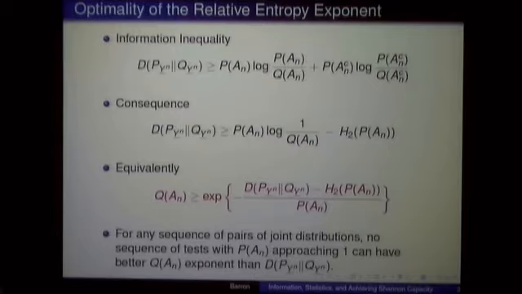So I commented that this would work for any pair of processes in part. And so regarding the optimality of the relative entropy exponent, what would be a non-asymptotic version that could be useful for any pair of joint distributions for Y1 through Yn that Q would give and that P would give? Well, the information inequality, the theme of this part of this act of the lecture. And the information inequality that you would get by considering the Bernoulli random variable associated with the indicator of the set A_n, your typical set or your testing set.